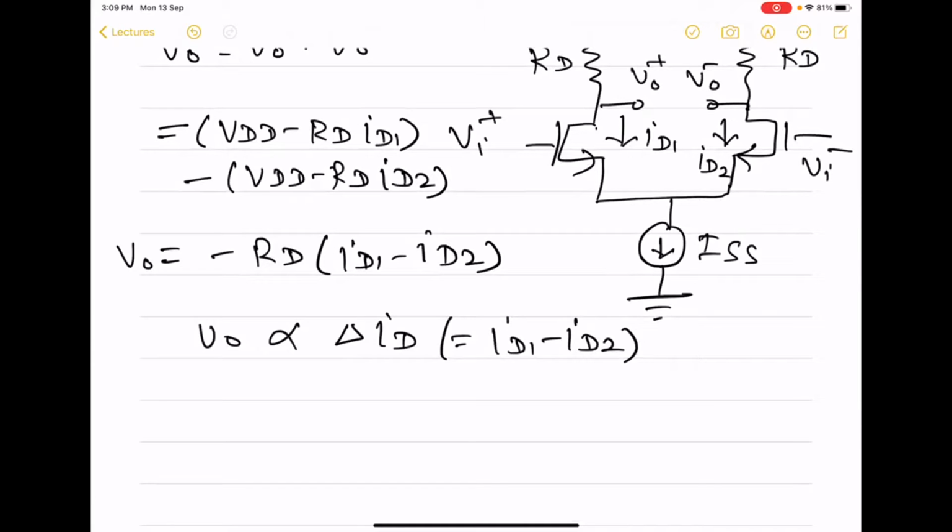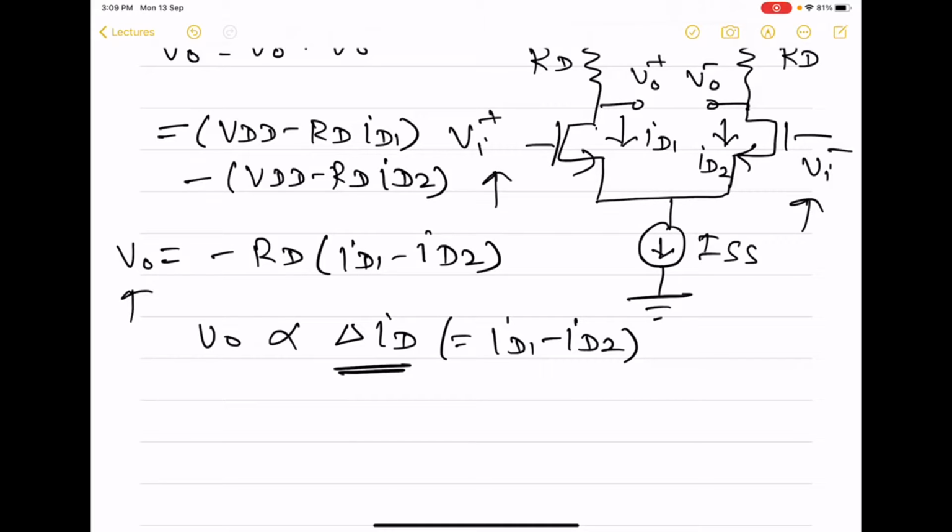So we need to find out this difference of the drain currents, and we will see that under suitable conditions for these inputs, the difference of drain currents, and hence the final output, will actually be the product of two quantities.